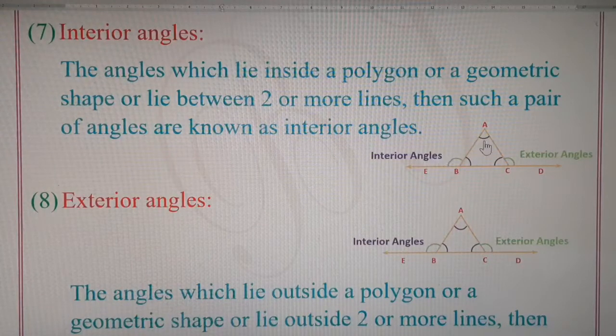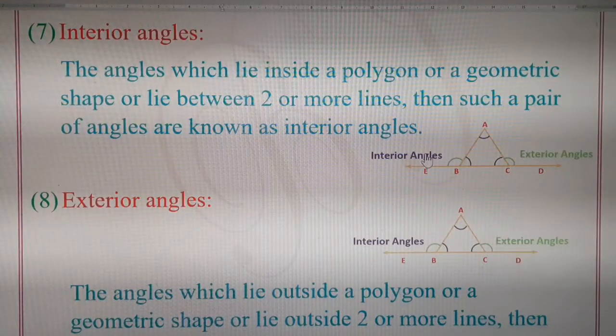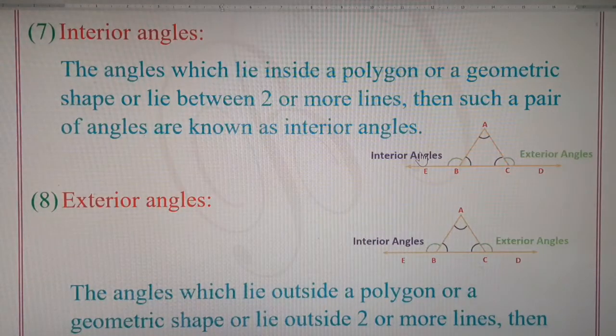The angles marked with the violet color are known as the interior angles. So here even the spelling of interior angles is written in violet color. So these violet colored marked angles are known as the interior angles: angle A, angle ABC and angle ACB.